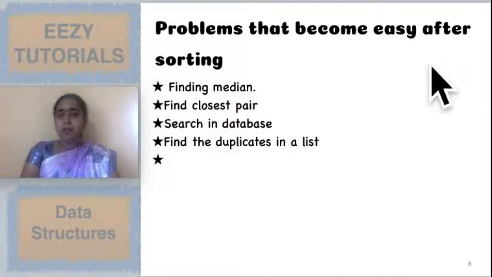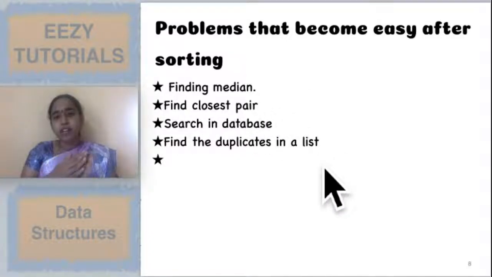Problems that become easy after sorting include finding the median. Median means you will be given a list of numbers. First you have to arrange them in ascending order and choose the middle element. That is called the median.